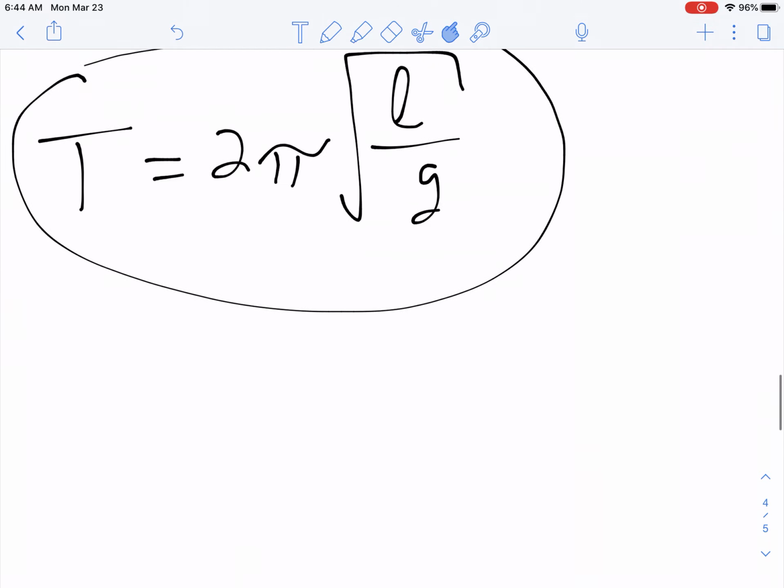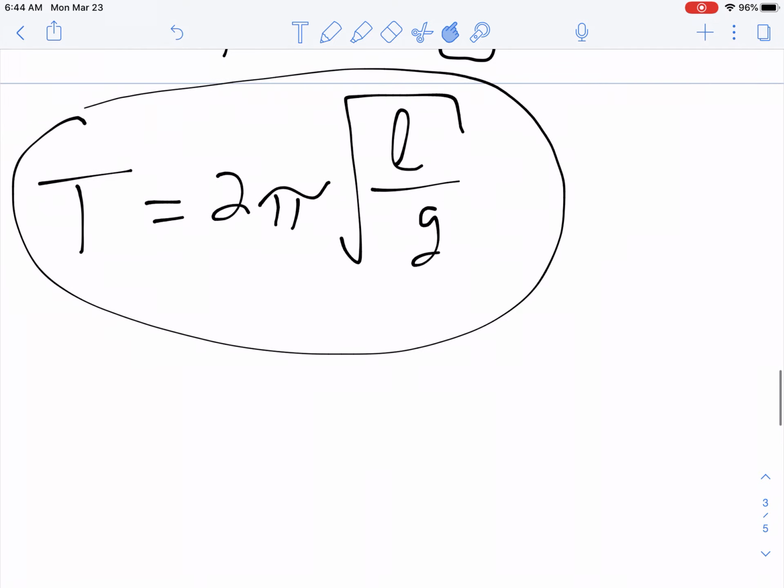Notice that the period of a pendulum does not in any way depend on the amplitude of oscillation. It does not in any way depend on the mass of what's hanging on the pendulum. Pendulums are driven by gravity, so it should make sense that it's not dependent on mass.